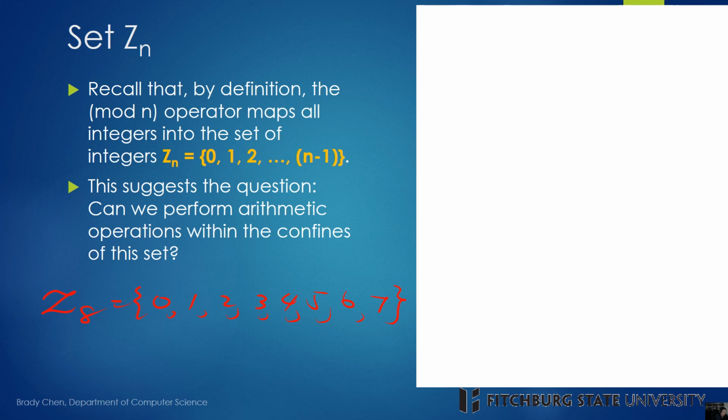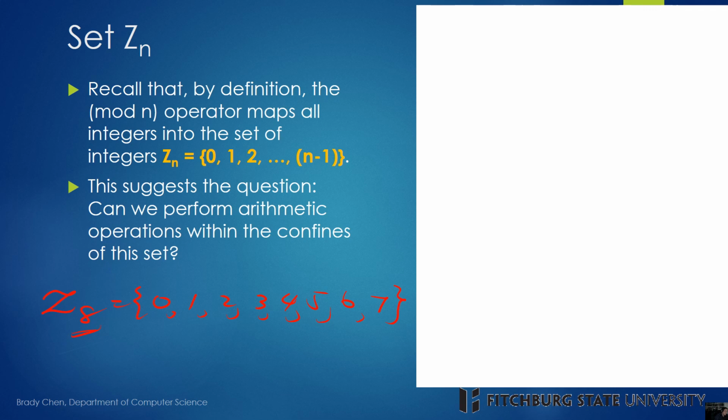Why? Because when you do the modular operation, like a mod n, we basically get the remainder when a is divided by n. So the remainder should be smaller than n. If n is 8, when any number is divided by 8, the remainder is always smaller than 8.